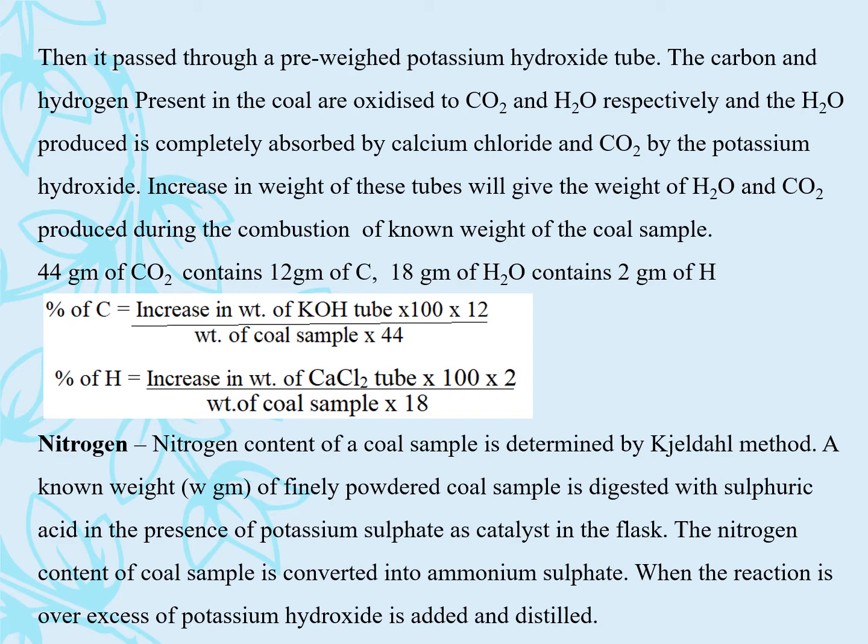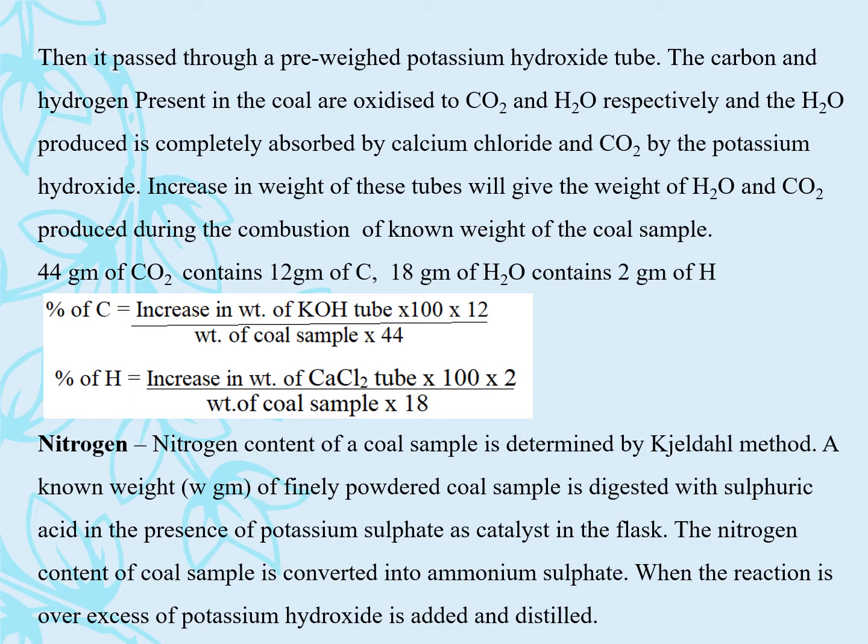The increase in weight of these tubes gives the weight of water and carbon dioxide produced during the combustion of the known weight of the coal sample.